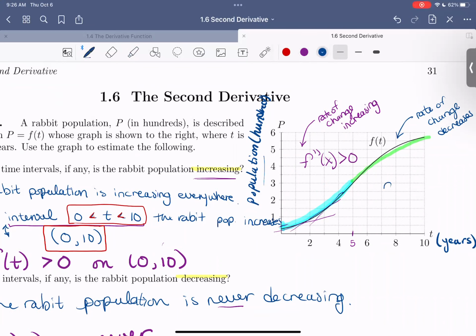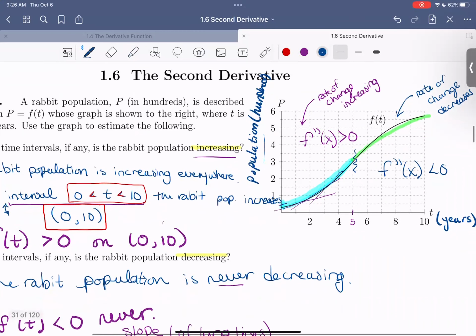And on the second interval, f double prime of x is less than 0. So what do we notice about the differences visually of these two parts of the graph? Is there a way that we can describe them? You might have seen before, this first part of our graph is what we call concave up. The second part of our graph is what's called concave down.